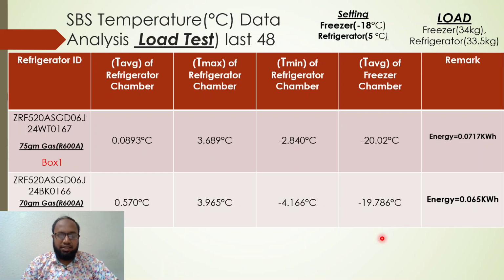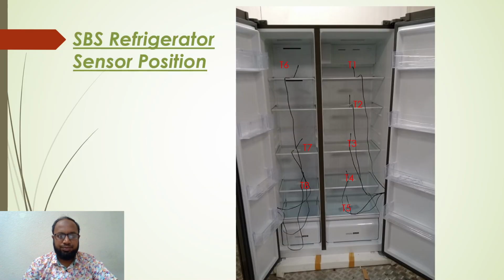So let's check the analytical view or temperature curve, then we get a clearer view of the performance data of the refrigerators. Here I am showing the side-by-side refrigerator sensor positioning, where we fix the sensors for checking the performance.